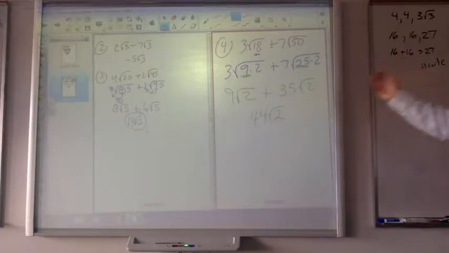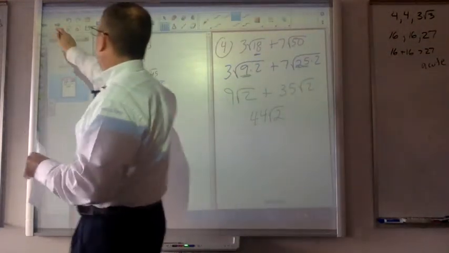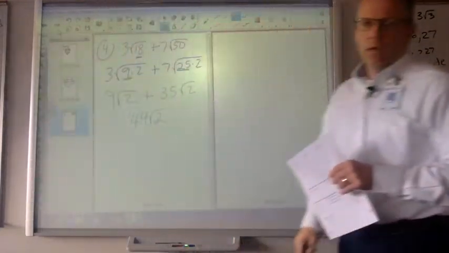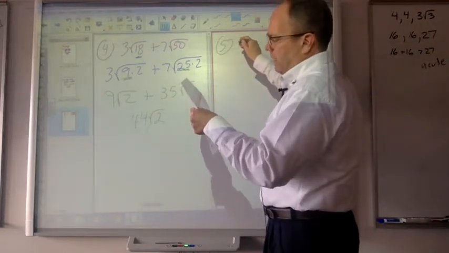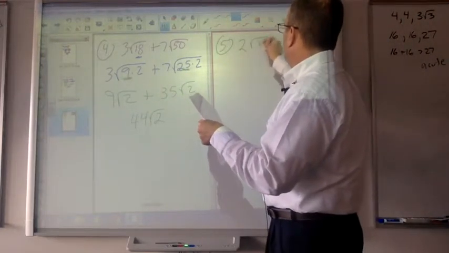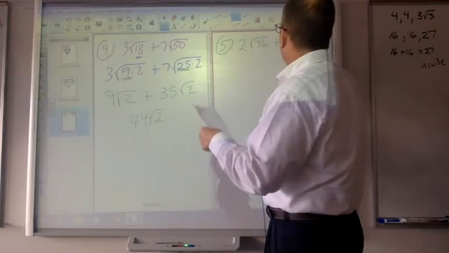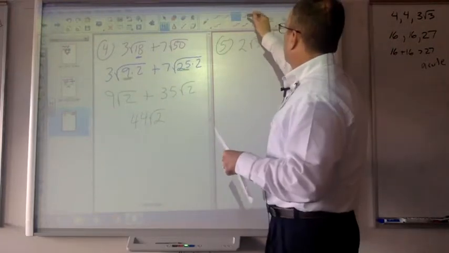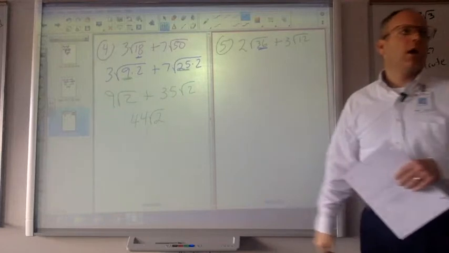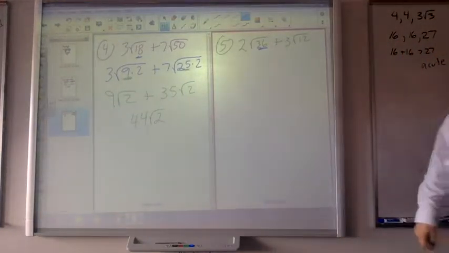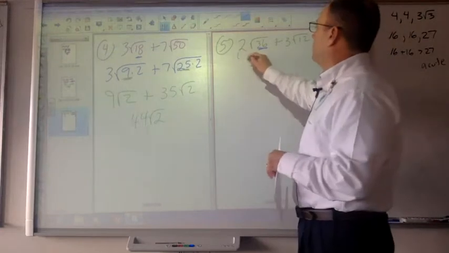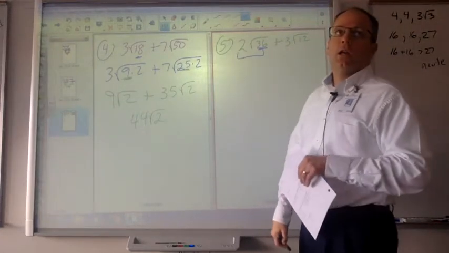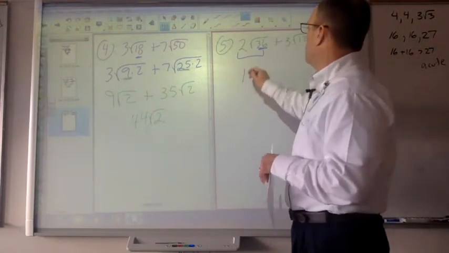Okay, so number 4, let's switch over to the screen here a sec. Okay, got number 5. Number 5, we have 2 square root 36 plus 3 square root 12. Okay, what's special about this right here? It is a perfect square. So what's the square root of 36? 6. So what does this become then? 12. Good.